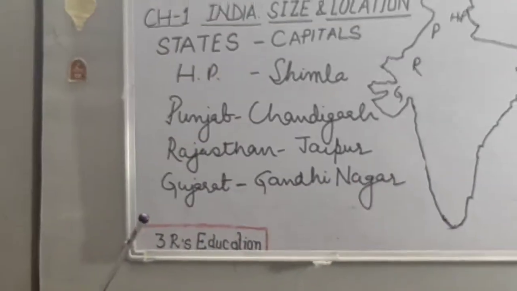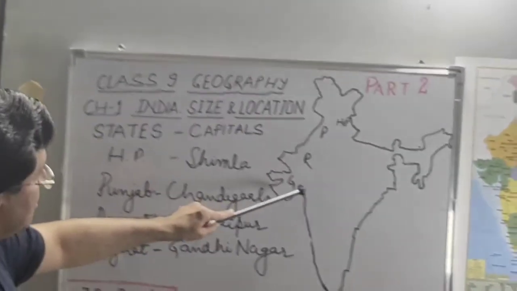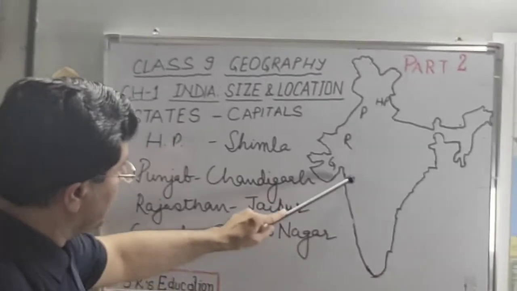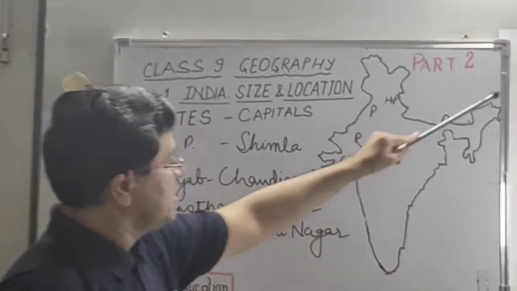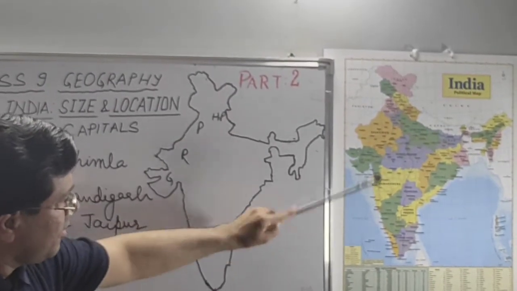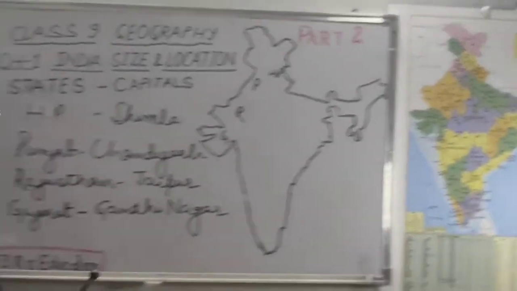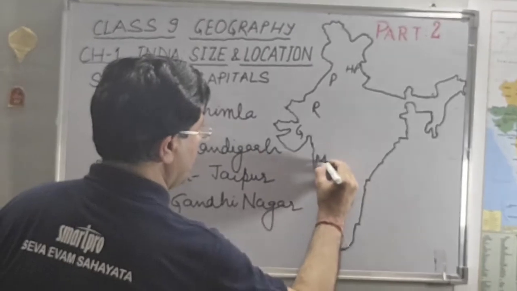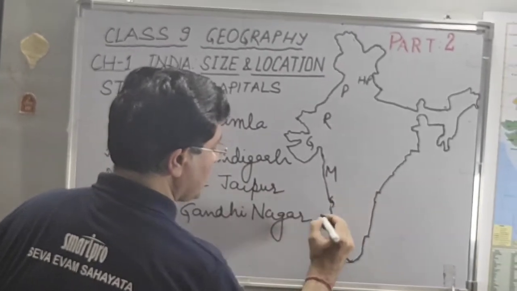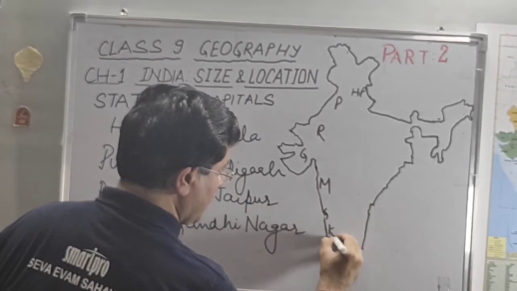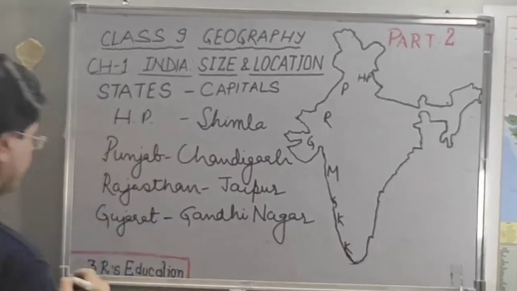Now if we move further south, we have here Maharashtra. You see this map, Maharashtra, then Goa, Karnataka and Kerala. This is your Maharashtra. This is a very small state Goa, then Karnataka and then Kerala.